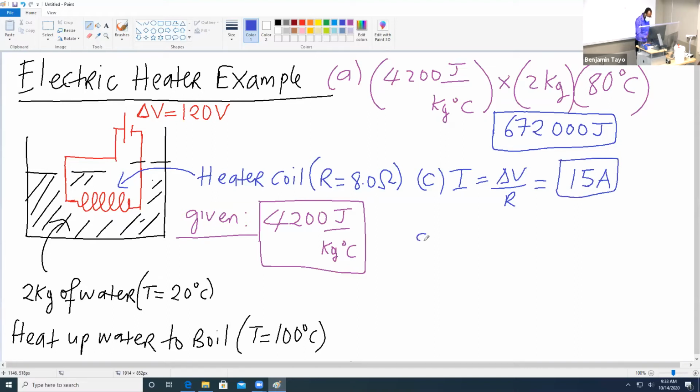Now let's calculate, sorry, this should be part B. Let's calculate the power. How much power? This is called the power output.